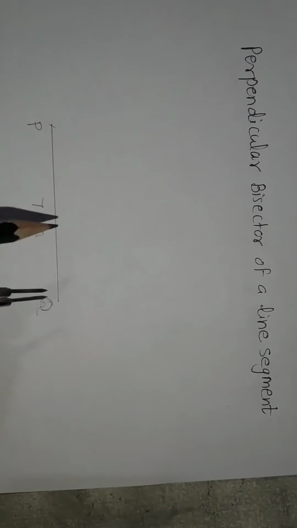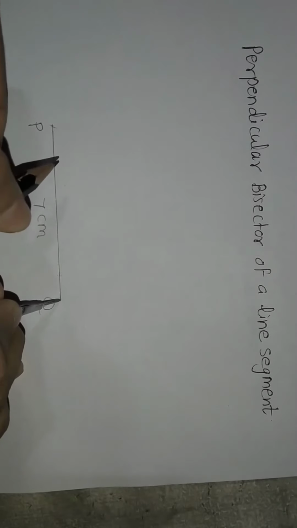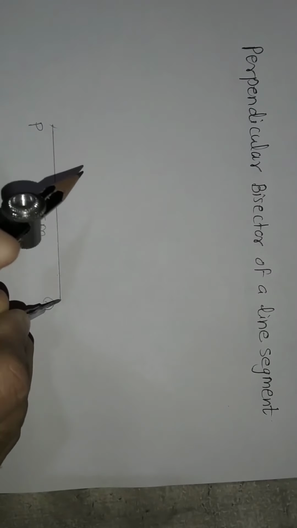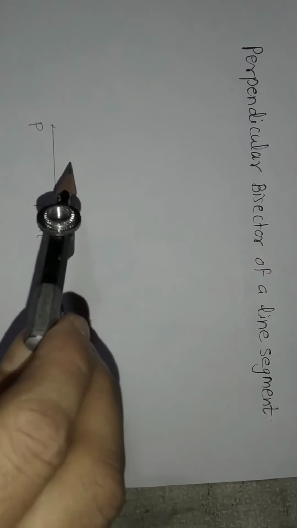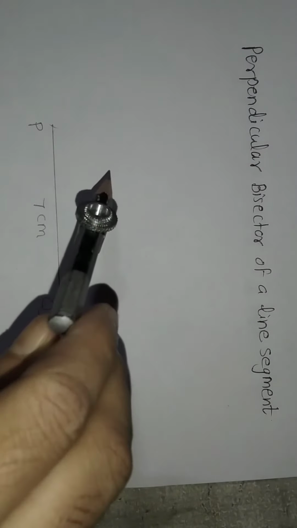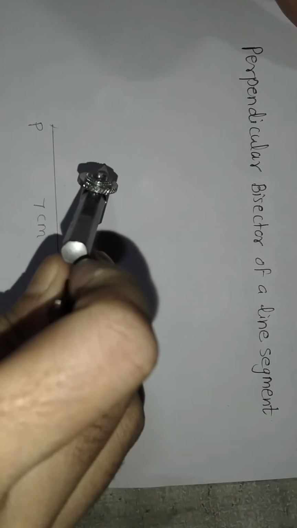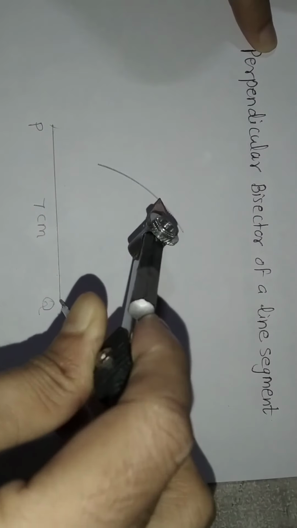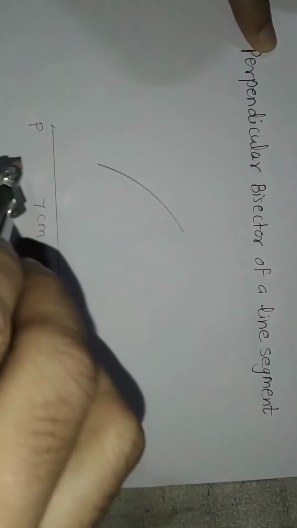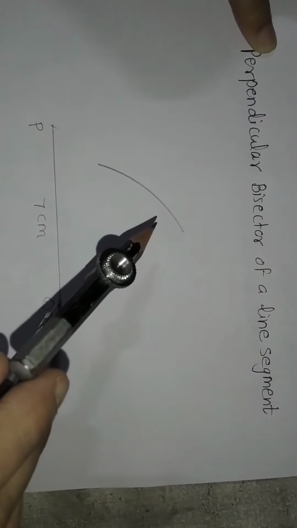In your compass, take the distance more than half of the given segment, like this. After taking the distance, student, you have to draw two arcs on the either side of the given segment. Means the first arc we will draw on the upper side by keeping the one point of your compass on point Q and the other one either side of that given segment.